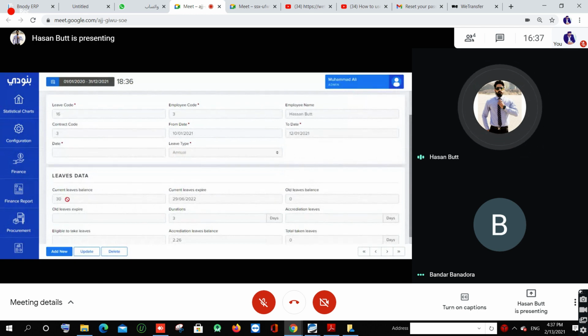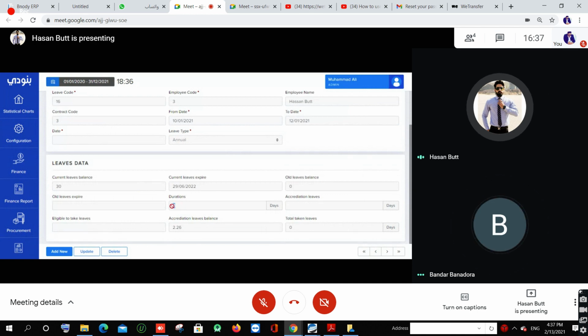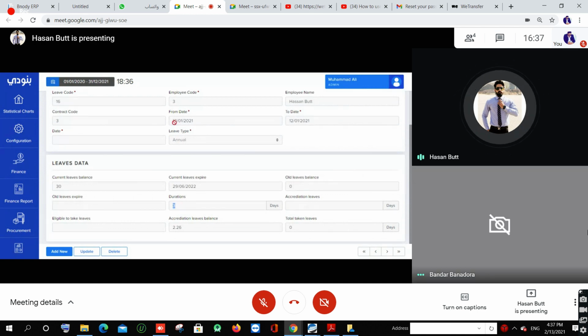As I showed you all, brothers, I added the 30 entitled leaves, which is the current leave balance. All right, and he has taken 3 days of leave from the 10th of January to the 12th of January, 10, 11, and 12.